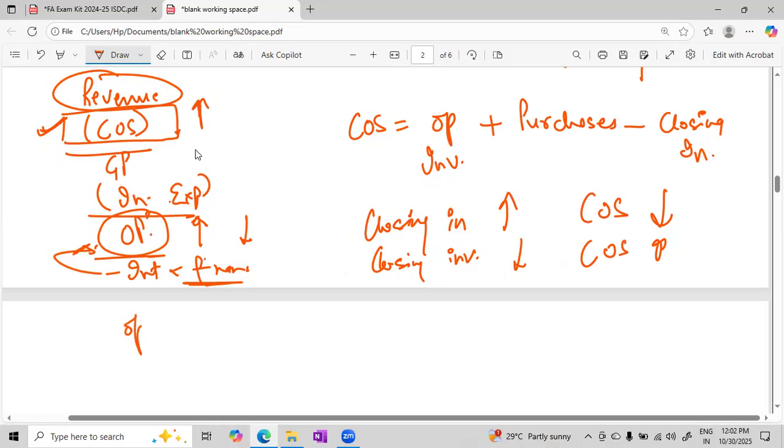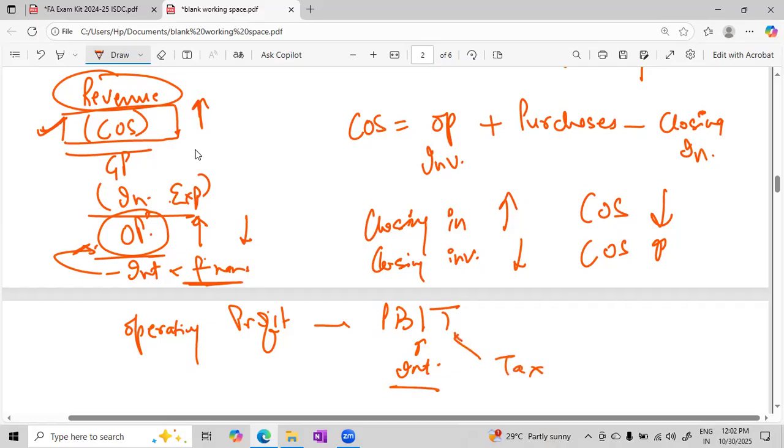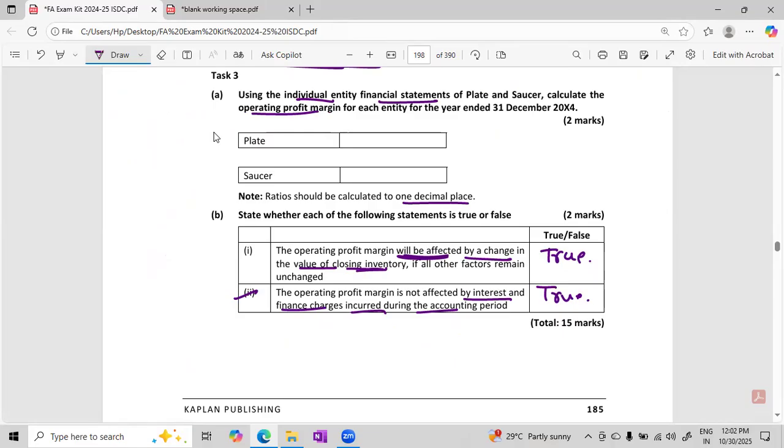Operating profit is profit before interest and tax, and interest is our finance cost. So interest and tax do not have any impact on operating profit. That's why operating profit margin will not be affected by interest and finance charges.